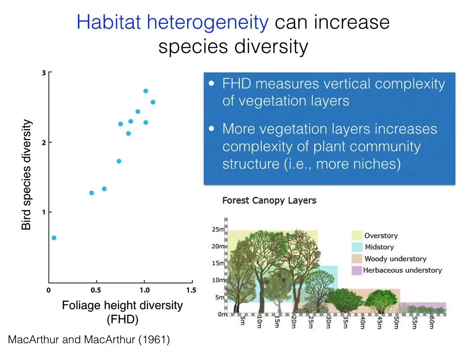In this study, which was conducted by MacArthur and MacArthur in the 60s, they looked at the influence of plants on bird communities, and in particular looked at species diversity in areas of forest where the foliage height diversity was either fairly minimal or was very high.